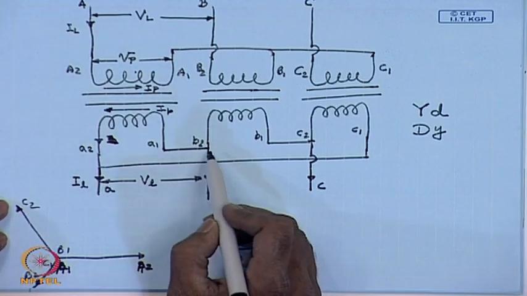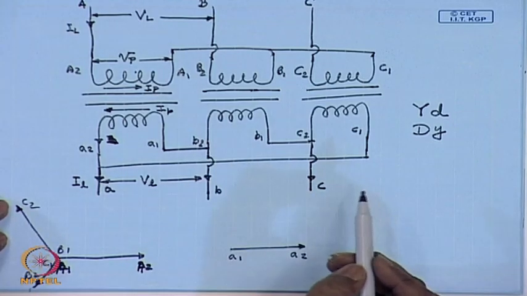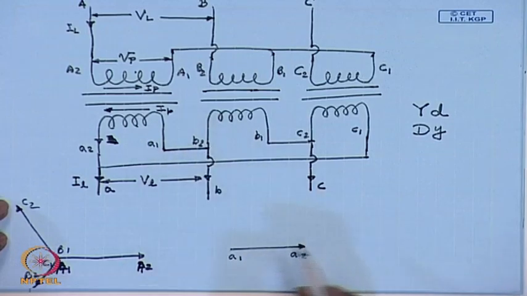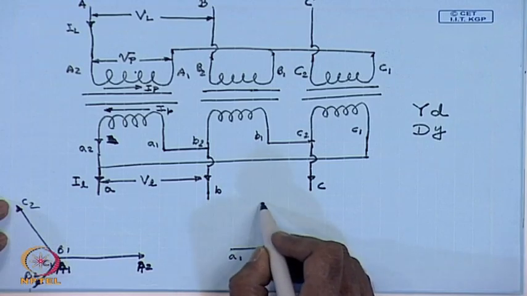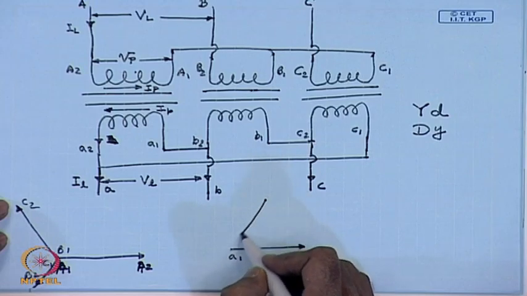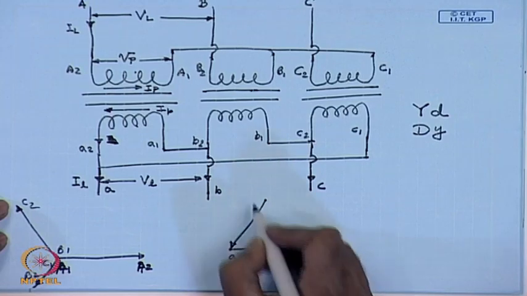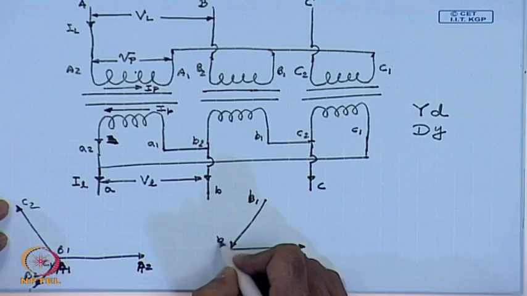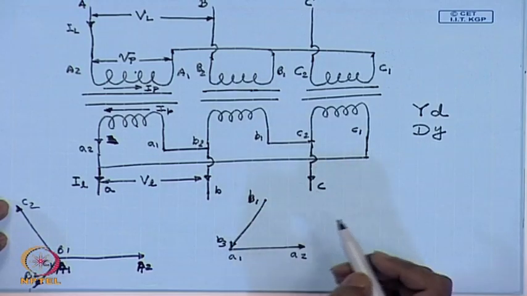Now, on the secondary side, a1 is connected to terminal b2. So, this will be the phasor b2, b1 and b1 is connected to c2.